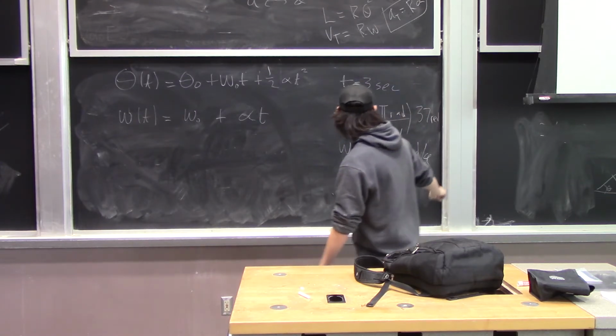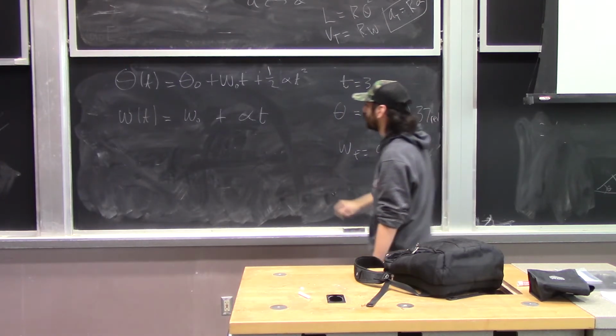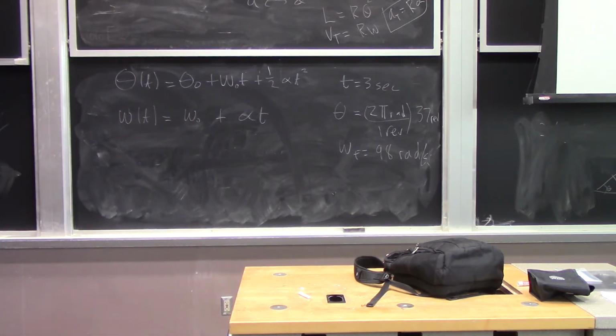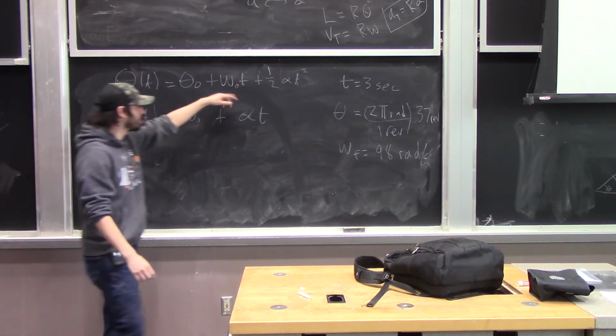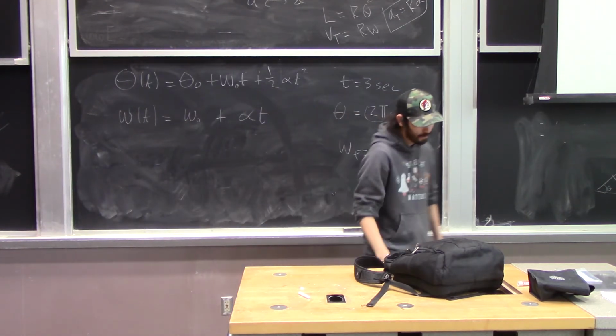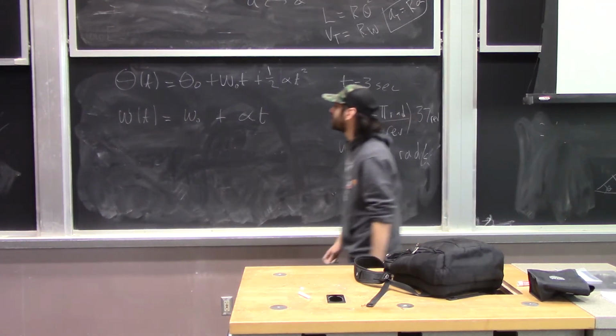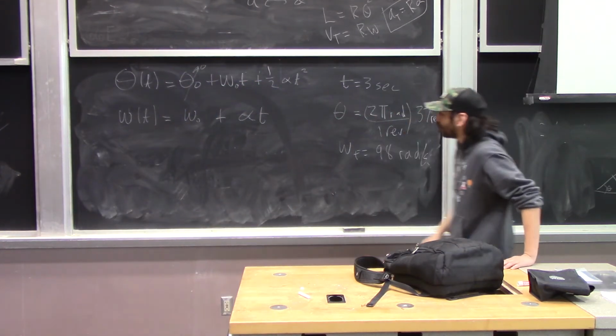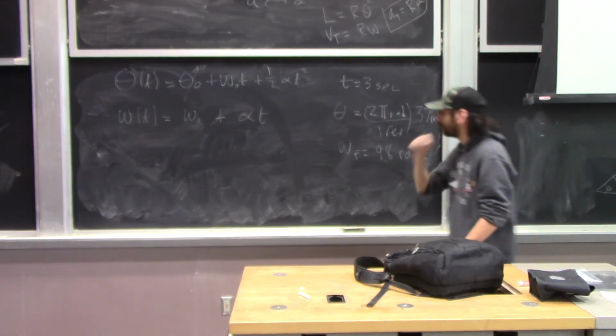Now, what we can do is take these two equations here and eliminate omega naught, and then evaluate the other equation for alpha. In order to do that, the first thing I can notice is I can take this omega 0, I can say this is 0. That's going to make our life a little bit easier.